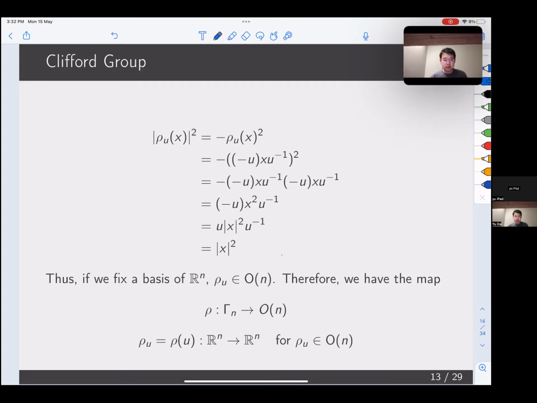So rho U is a map that preserves the norm, so we have rho U inside ON. And then since U is in gamma n, we can think of rho as a map from gamma n to ON.